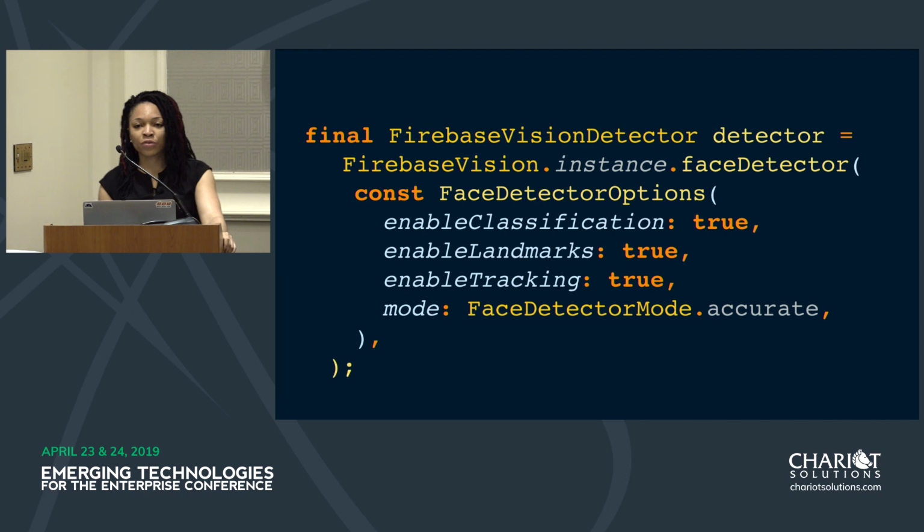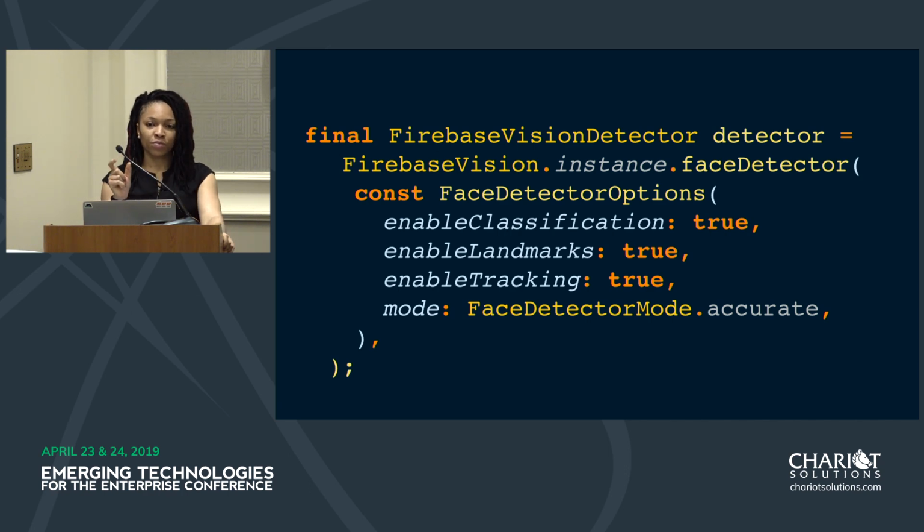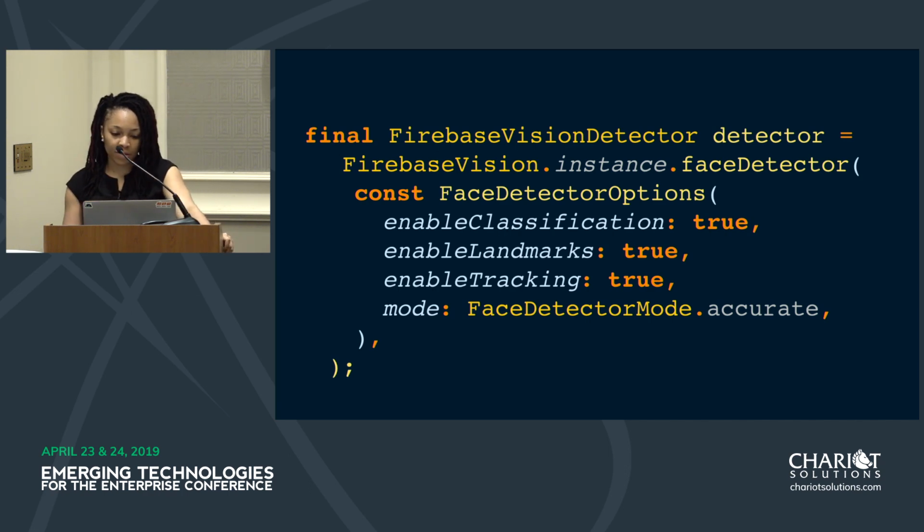The reason I set the mode to accurate is because I want it to give me the most accurate result. The other option is to set it to fast, which will be fast, but it would not be as accurate. And enable tracking, that just means that, as I mentioned before, you can track faces in a video stream, so I'm going to track the same faces.